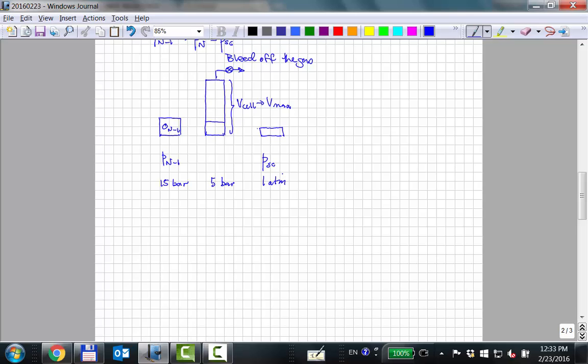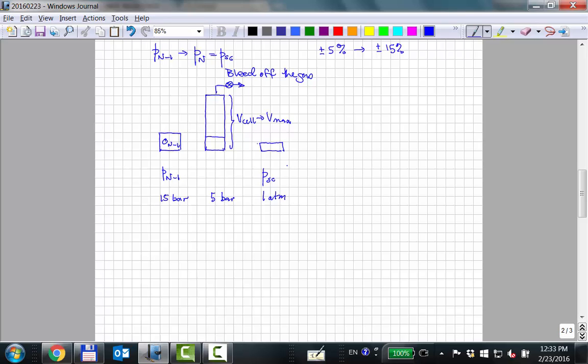So that's kind of how it works. This process is not the same as if we went from that oil at N-1 to this really big volume.